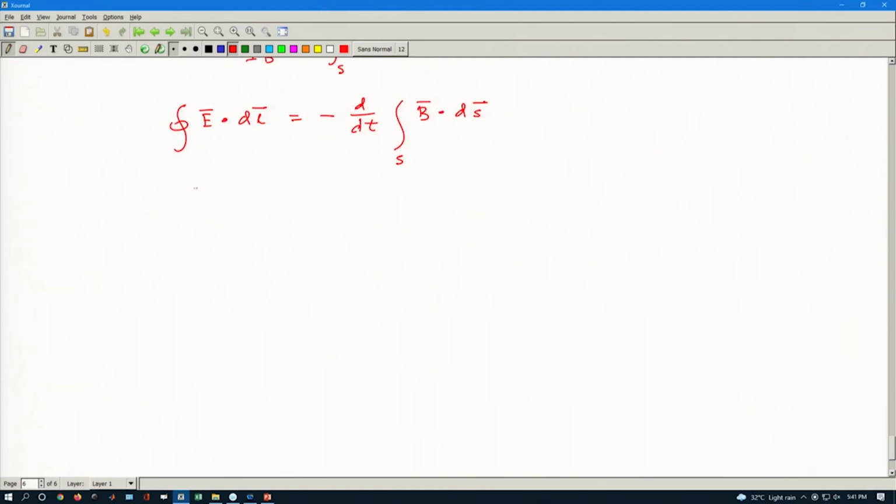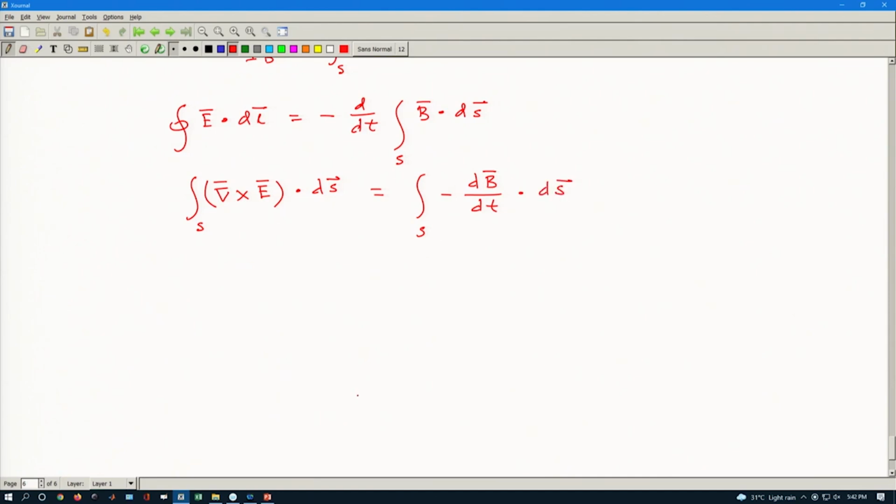So, this I can write using the Stokes law, like the curl of E dot ds over this surface integral, where the closed circle is enclosing this surface, and on the right hand side I have the surface integral of minus dB/dt dot ds.